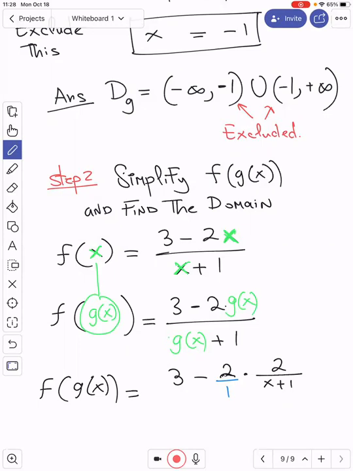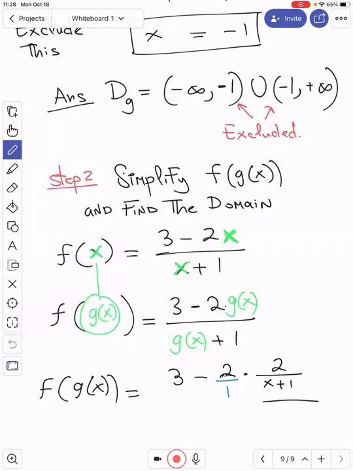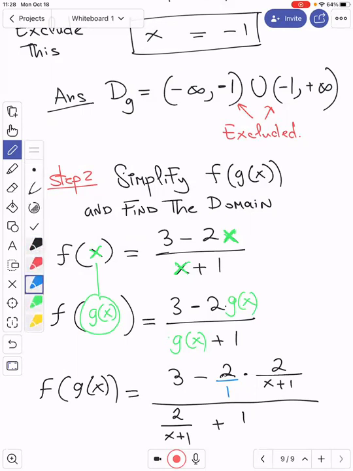Then this whole thing is divided by g, which is 2 over x plus 1, and there's this plus 1, and the same thing for plus 1. The 1 is actually the numerator of a fraction, 1 over 1. So it's in the top.